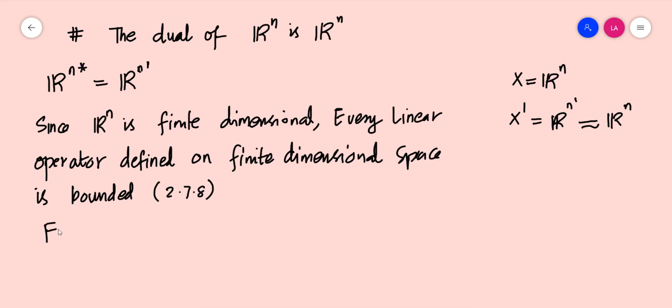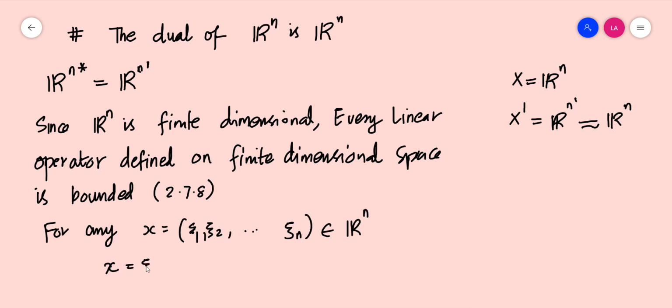So, for any x equal to theta 1, theta 2, etc., theta n belonging to Rn, we have x equal to theta 1 E1 plus theta 2 E2 plus etc. theta n En, where E1, E2, etc., En is a basis of Rn, or we can consider it to be the standard basis.